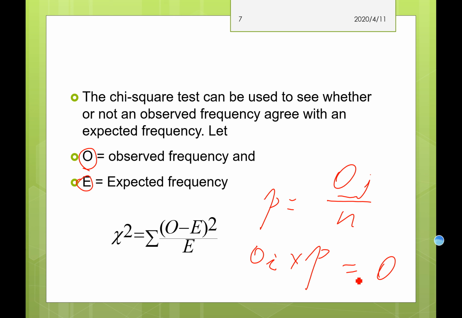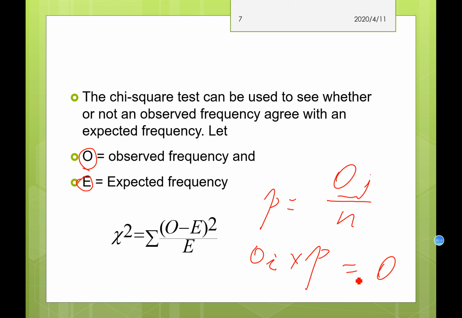Here we use Eij to represent the expected frequency for the cell in the ith row and jth column.